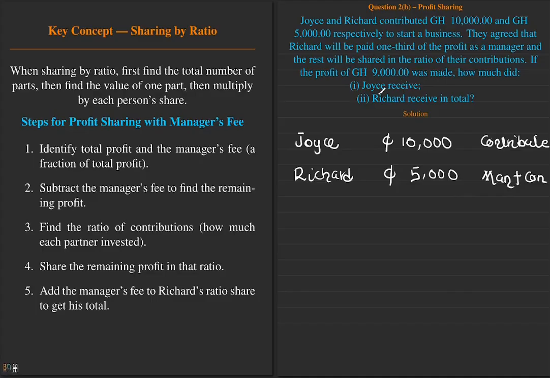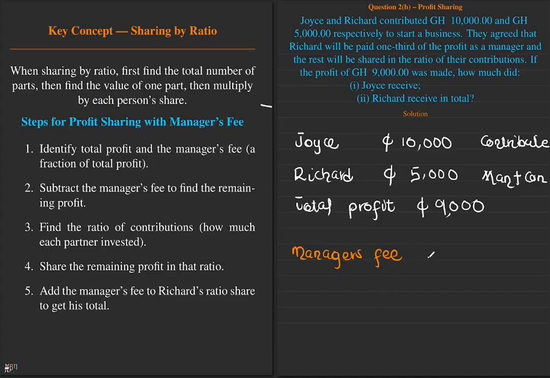Also, we have the total profit here. So our total profit is going to be the 9,000. Now, it says they agreed that Richard will be paid 1/3 of the profit as manager. So let's call that the manager's fee.